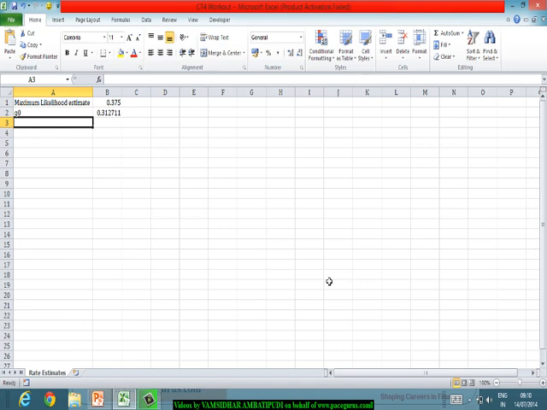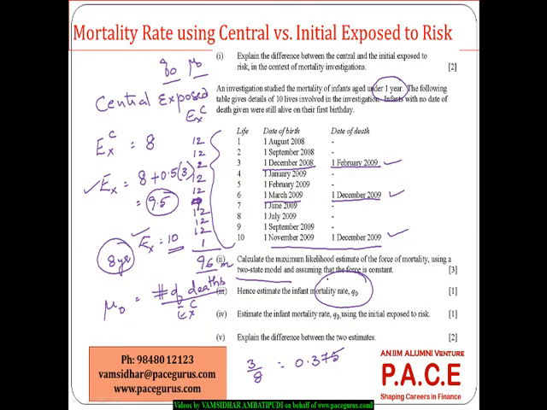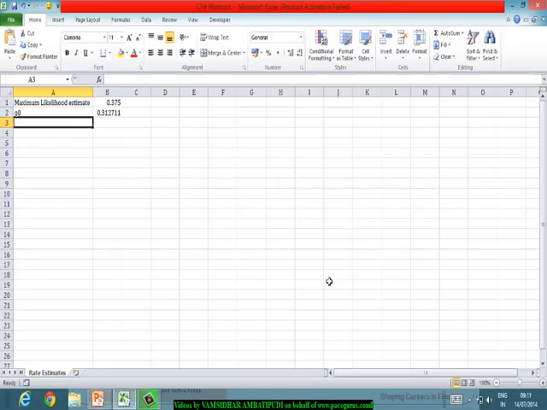So using this mechanism, I am getting Q0 as around 0.31. But when I am going with the initial exposed to risk, I can directly get Q0, which is the number of deaths divided by the initial exposed to risk.